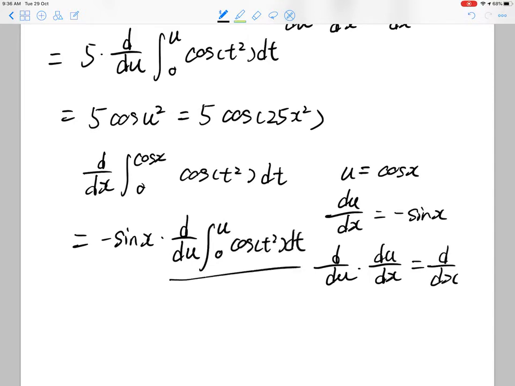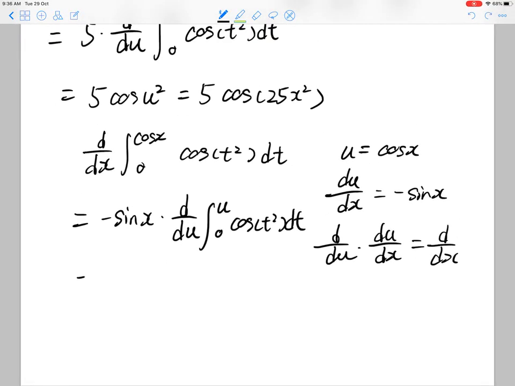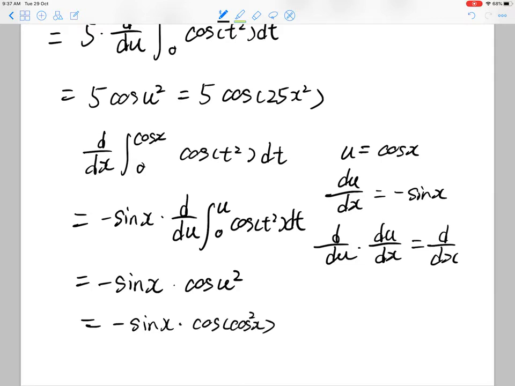This part you can use the fundamental theorem of calculus. It's cosine u squared. Since u is cosine x, it's negative sine x times cosine of (cosine x) squared.